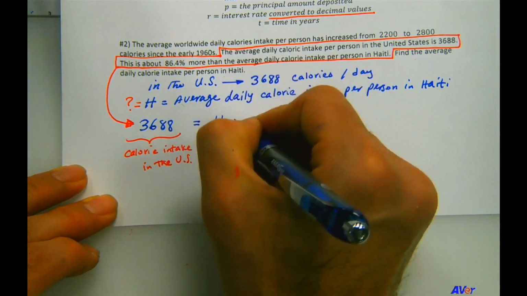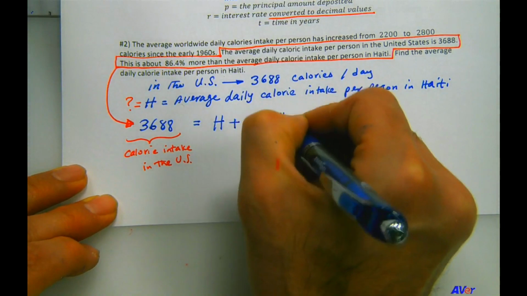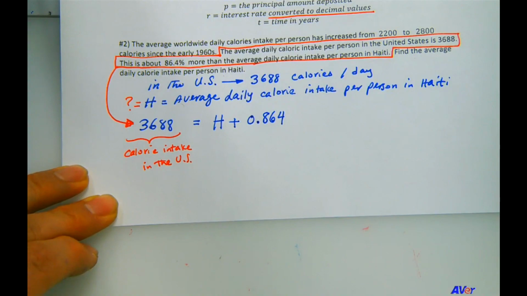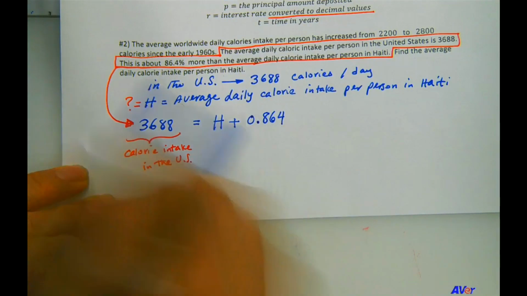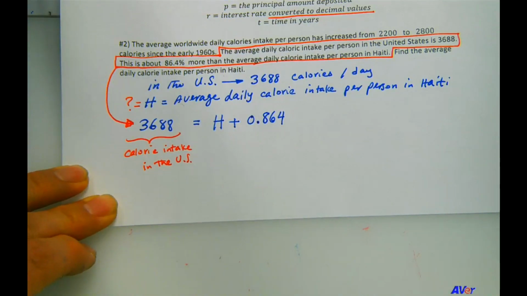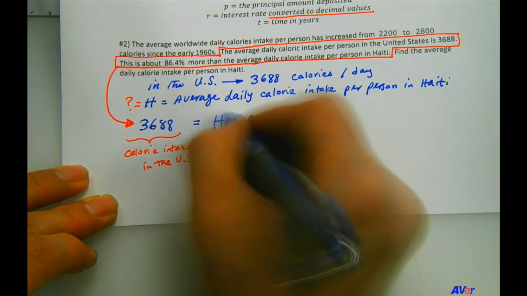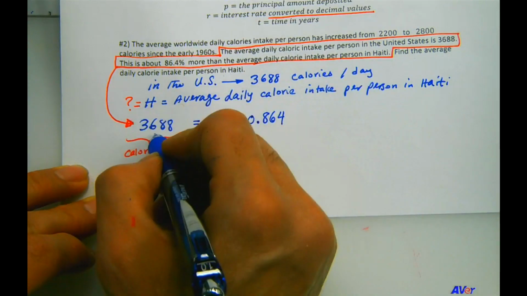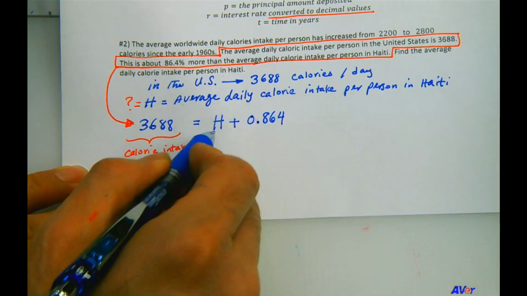So plus, we've got to translate that percentage to decimal. 0.864. 86.4% of what? Of what people in Haiti consume. So H, that's what people in Haiti consume. That's not equal to what we consume here in the United States. What we consume in the United States is equal to what people in Haiti consume plus 86.4% of this.